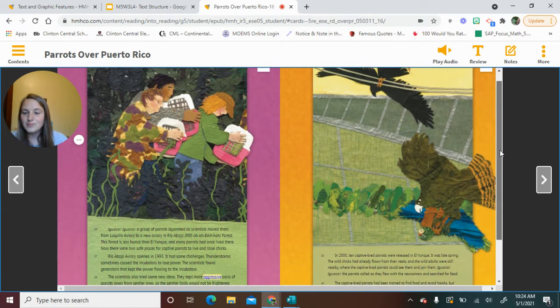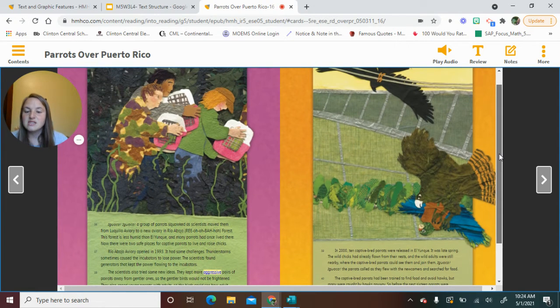Iguaca, Iguaca. A group of parrots squawked as scientists moved them from Iguaca Aviary to a new aviary in Rio Abajo forest. This forest is less humid than El Yunque, and many parrots had once lived there.